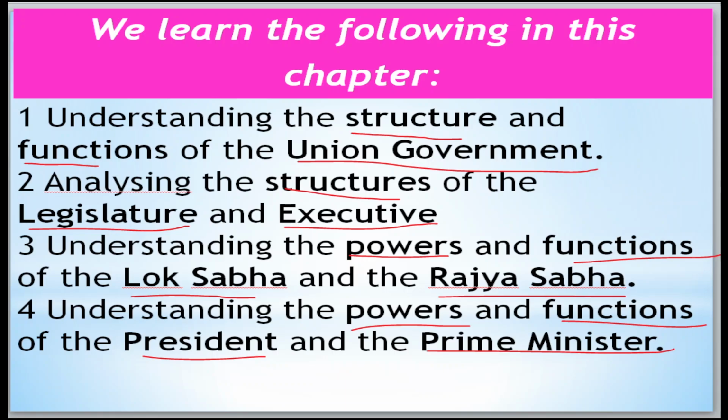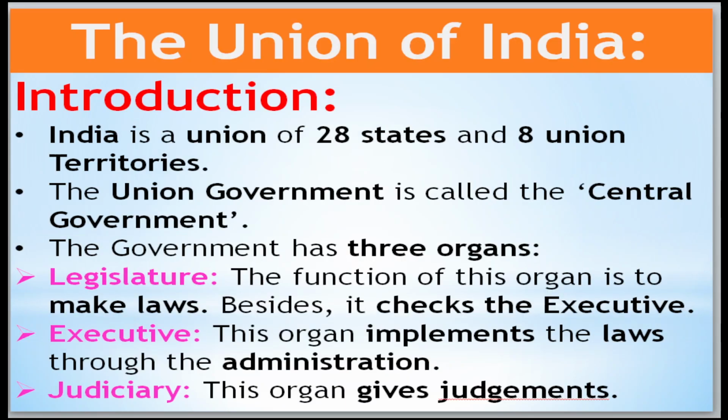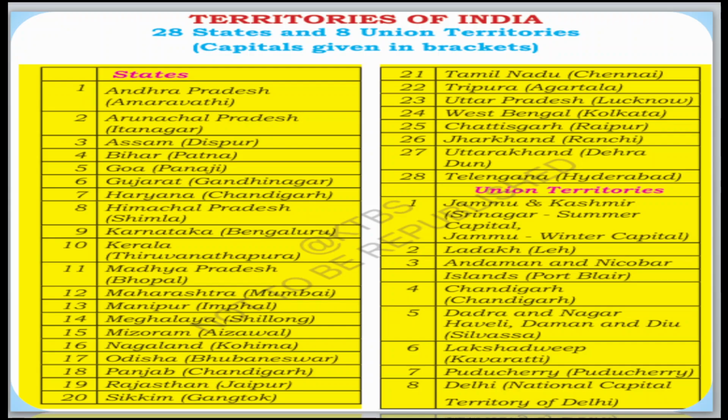Okay, so now move to the first introduction part, that is the Union of India. India is known as a union. India is known as a union of what? 28 states and 8 union territories. Total 28 states are there, and along with that 8 union territories are there.